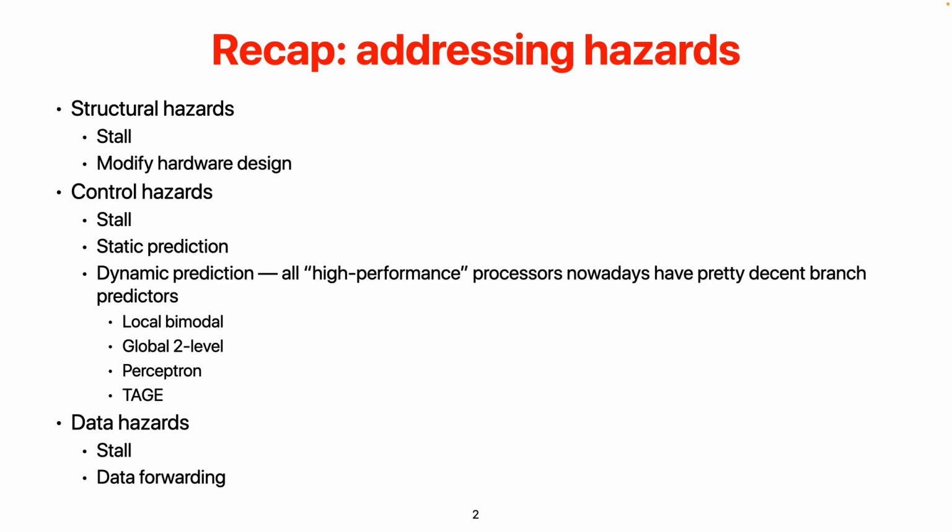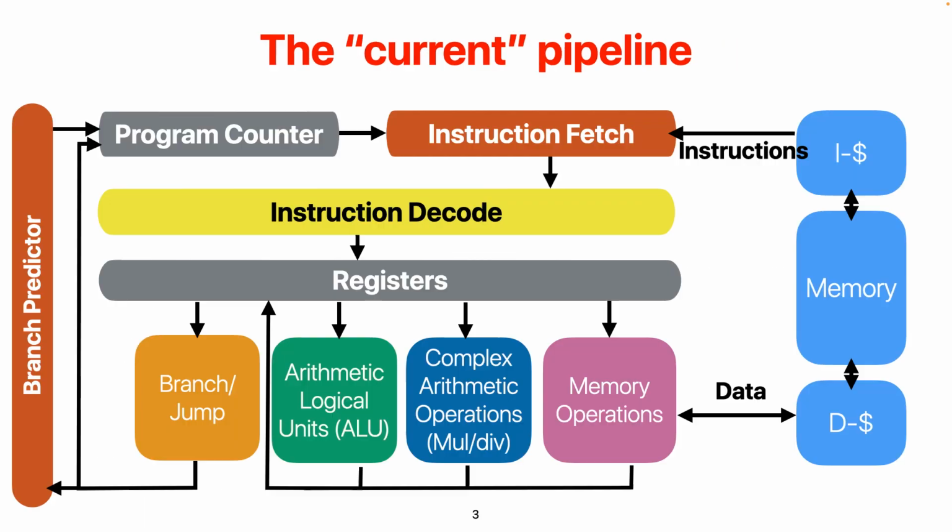And now we are at the stage where we talk about data hazard, and we have been talking about how, instead of stalling, we can also do data forwarding. However, even with data forwarding, we are still not satisfied.